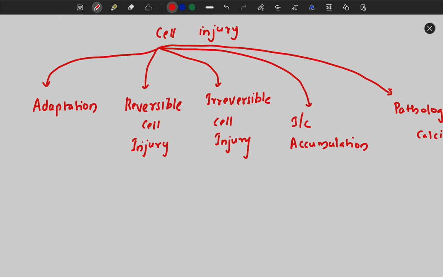These factors will all cause cell injury. When a cell is getting injured, it will try to adapt, because it is an unfavorable condition and the stimulus is a noxious stimulus.